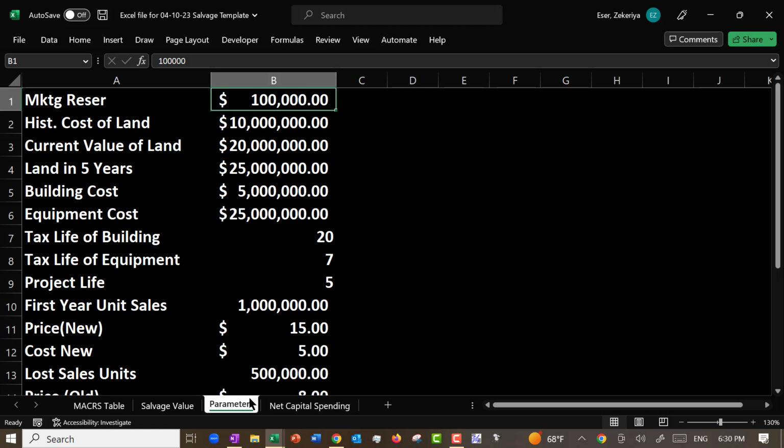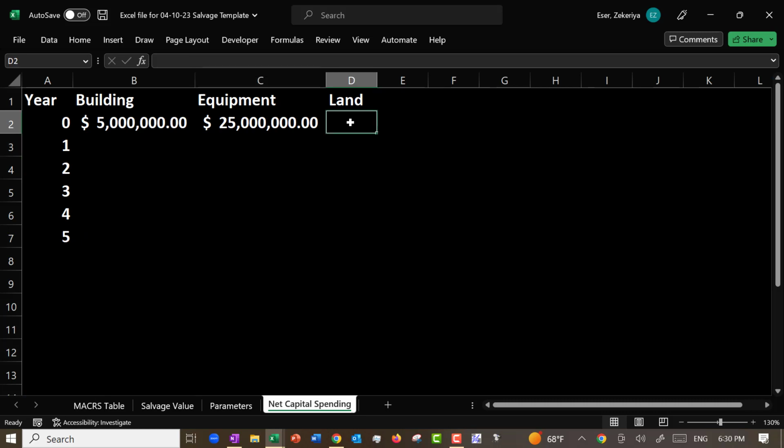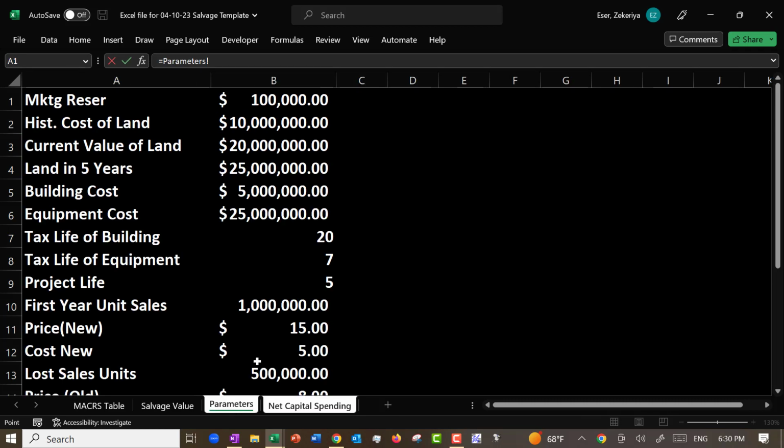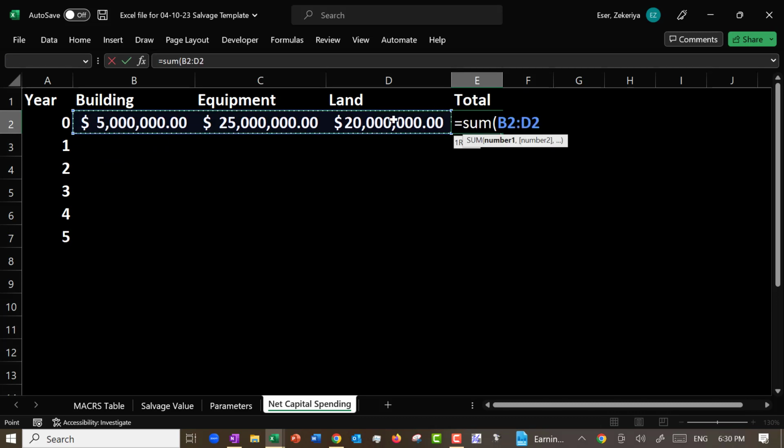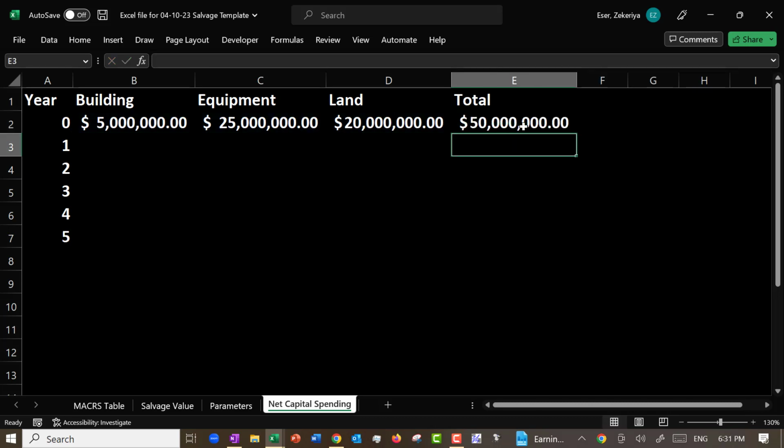Or you would have had to buy it from somebody else. Hence, current market value of the land is relevant. I'm going to put a total here. So on period 0, we have $50 million of net capital spending. The way we set things up, there is nothing in between.